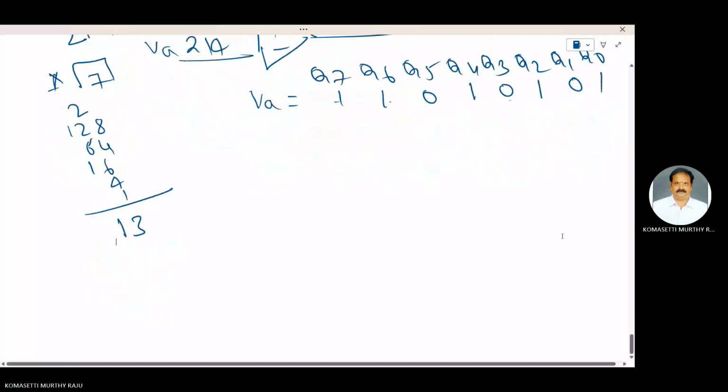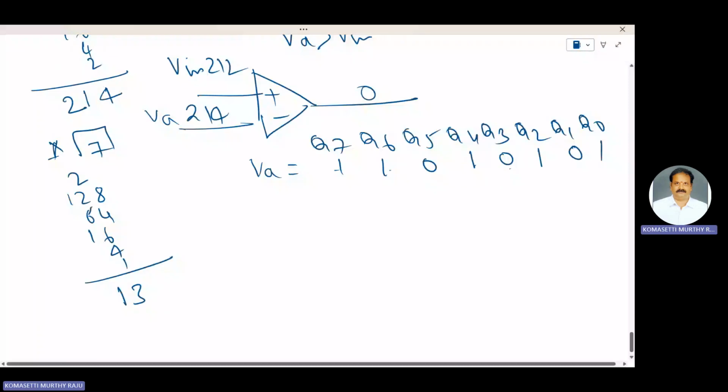For the eighth cycle, Vn is 212, VA is 230. VA is greater than Vn. The output of the comparator is 0.